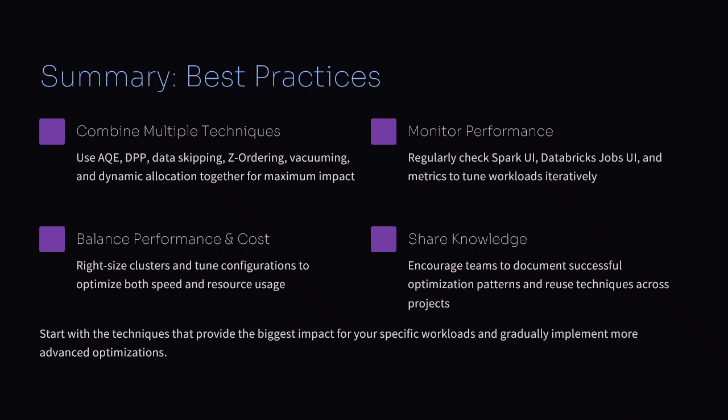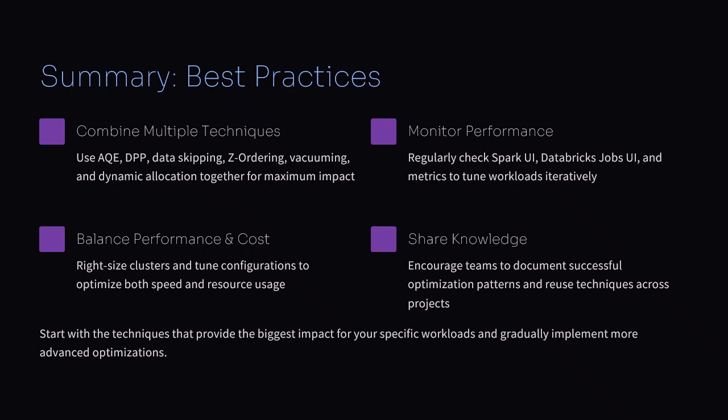Data layout strategies like Z-order clustering significantly reduce the amount of data read, and regularly vacuuming and optimizing operations keep your delta tables performant and lean. On the resource side, dynamic allocation ensures your cluster scales in response to workload demands, helping balance cost and performance. Caching intermediate results further accelerates iterative workloads and repetitive queries.